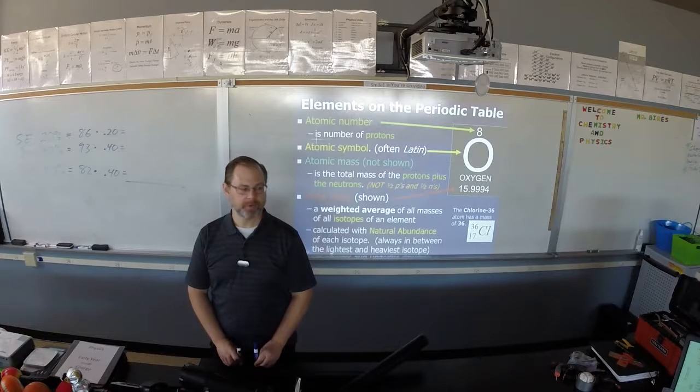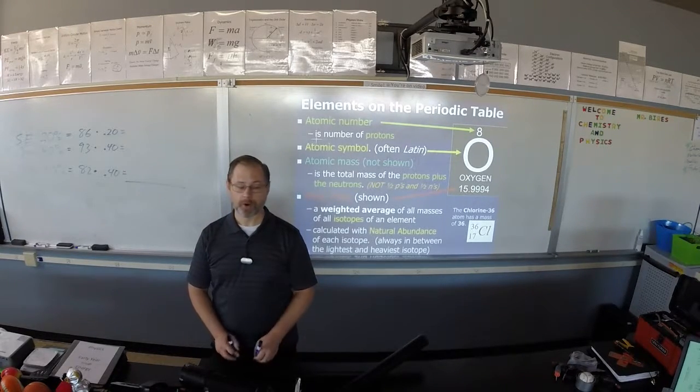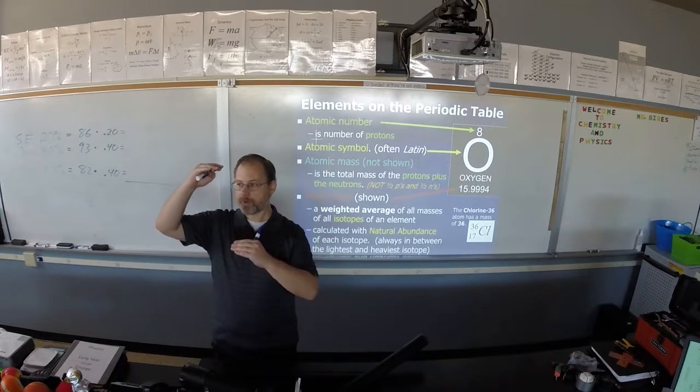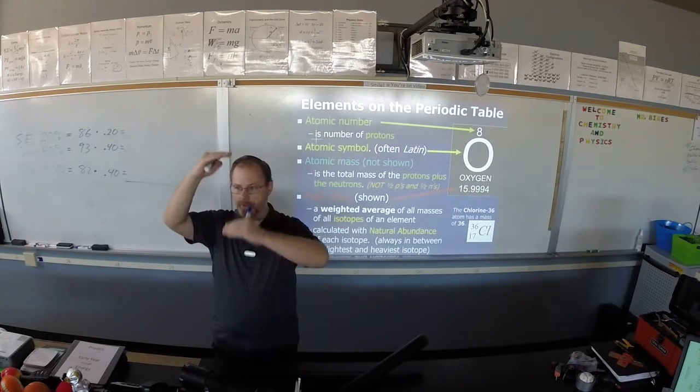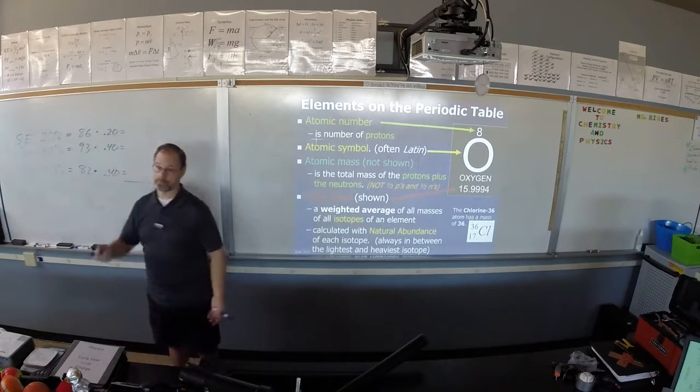Now, the thing about any average, weighted or simple, the average will always fall higher than the lower number and lower than the higher number. That's always going to fall inside that range. So you should get a number between 82 and 93.